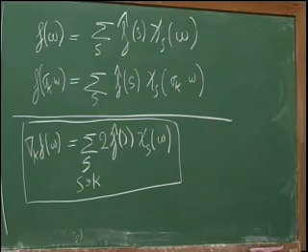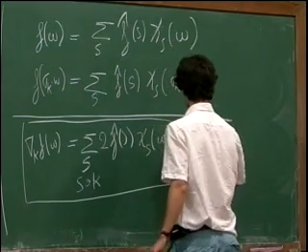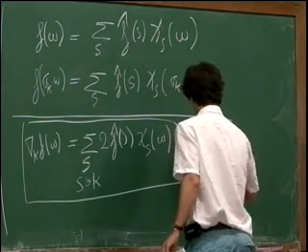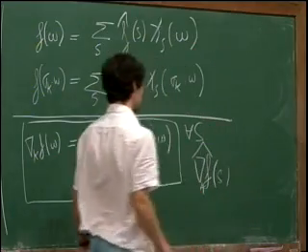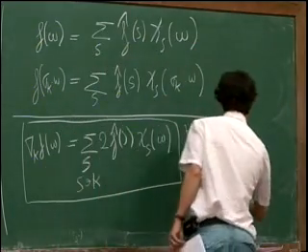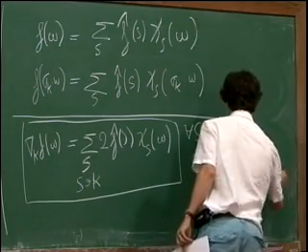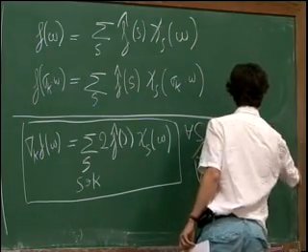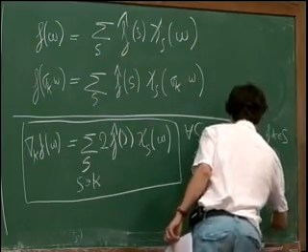So it tells you that for any S, the Fourier coefficient of delta k of f is either twice the corresponding Fourier coefficient of S if k is in S, and 0 otherwise.